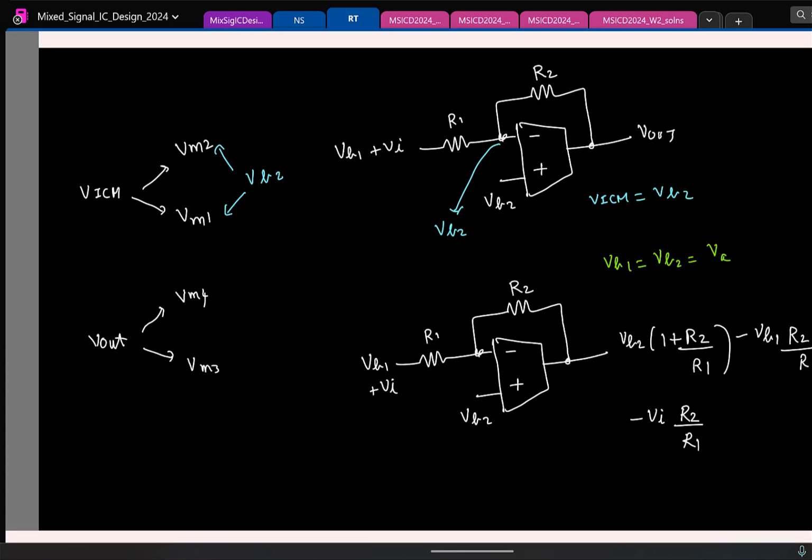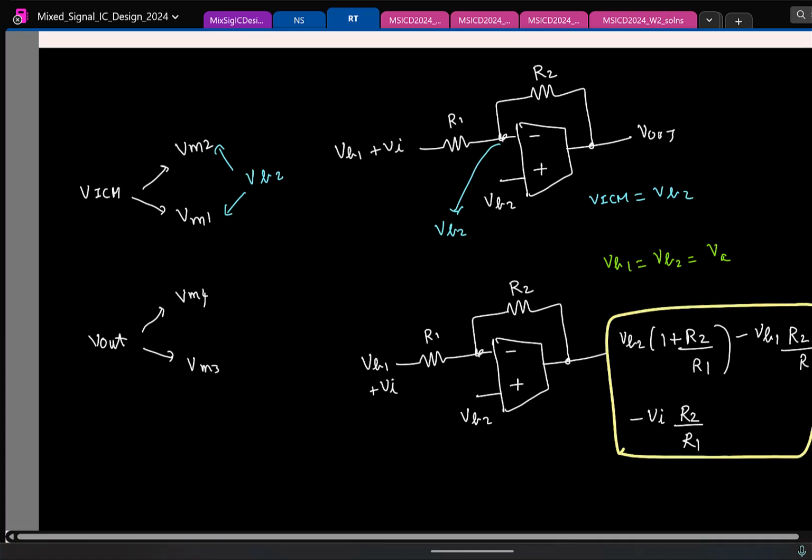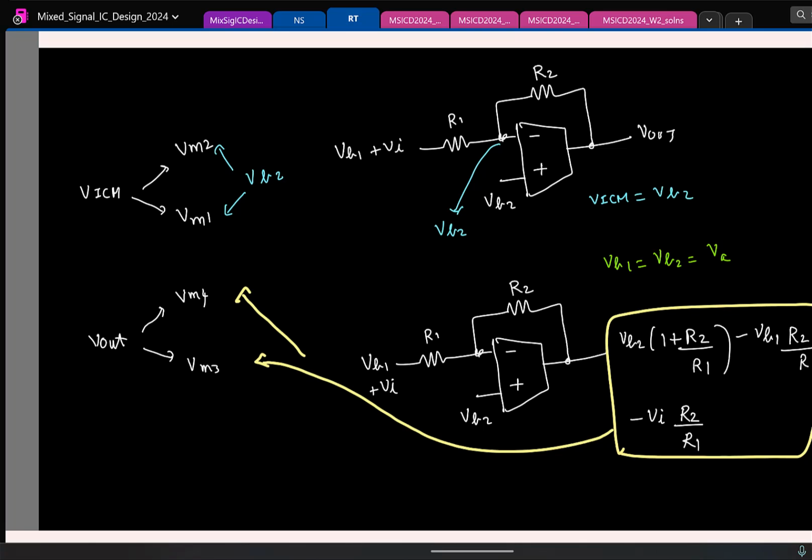Okay. So now you know what is Vout, and Vout is constrained in this range. So we can go and find what is the range for VA. That's all. So that's how in practice you use this information to understand the range of voltages you can apply at the input and for your bias voltage. Okay.